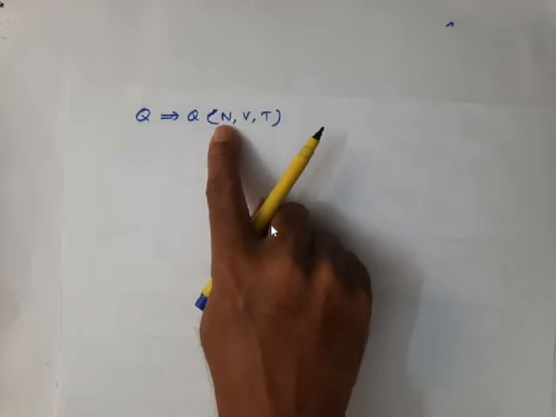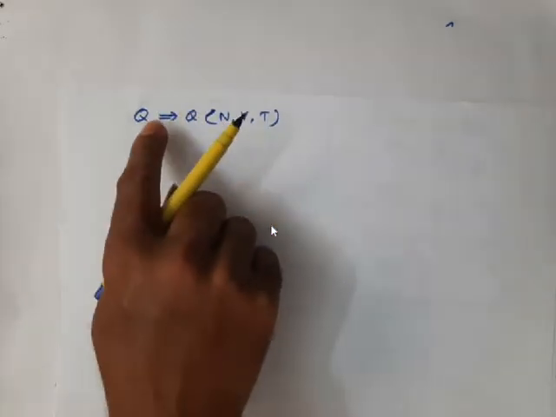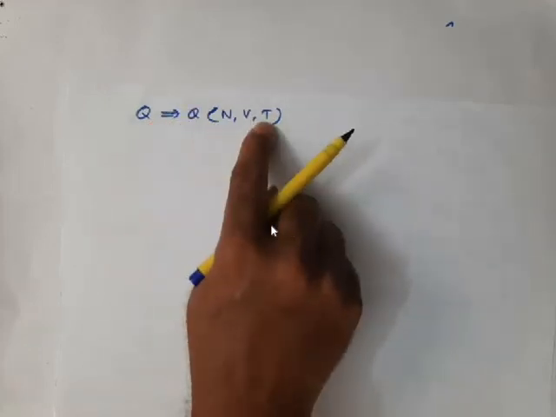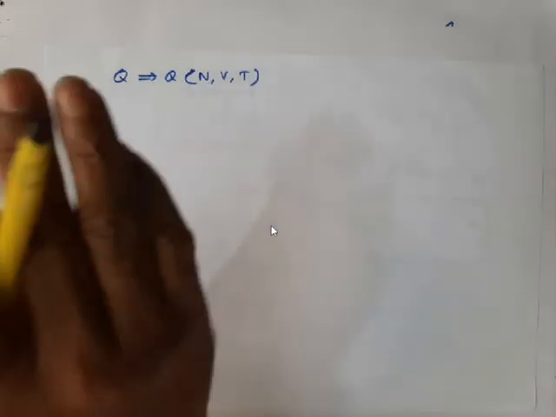If number of particles changes, yes, partition function changes. Volume changes, yes, partition function changes. If temperature changes, yes, partition function will change. So Q is called molecular partition function.